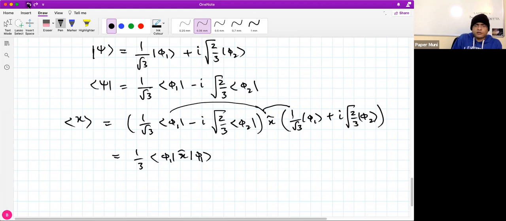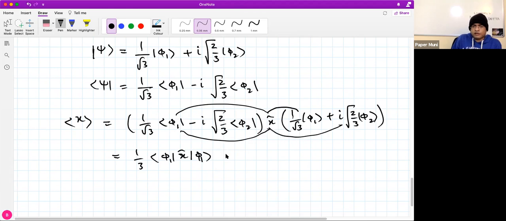So this is just a multiplication. Not a multiplication exactly, but inner product. So if we take this term and this term, we get this one. If we take this term and this term, we get the next term. So this will be plus iota root 2 by 3 phi 1 x phi 2.